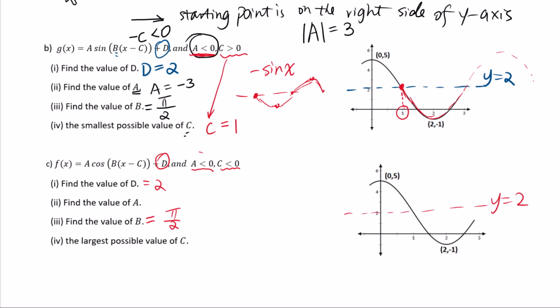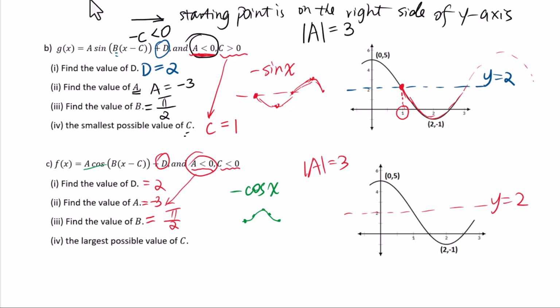From the given information, we know a equals negative 3 because the amplitude is positive 3. Since a is negative, the negative cosine pattern will be something like this, getting started from the minimum.